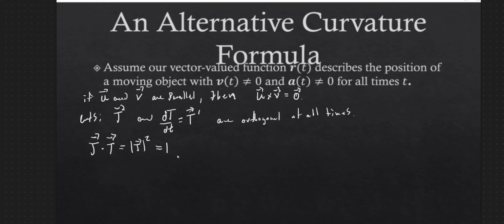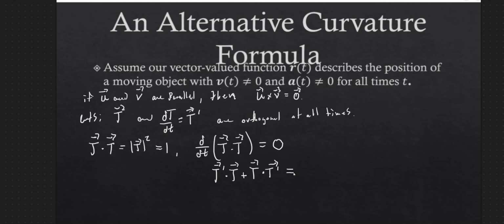If I take a derivative with respect to my parameter t of T dot T, this will be 0, because the derivative of a constant is 0. And then I can use the dot product rule for derivatives of vector valued functions. This is the derivative of the first dot the second plus the first dot the derivative of the second, and I know that that's equal to 0.